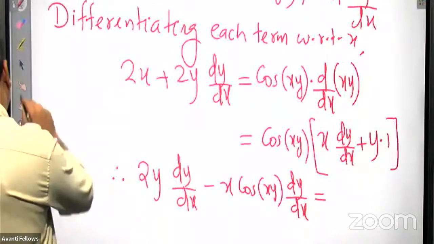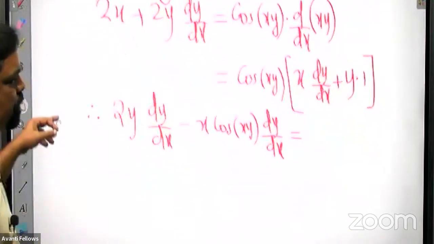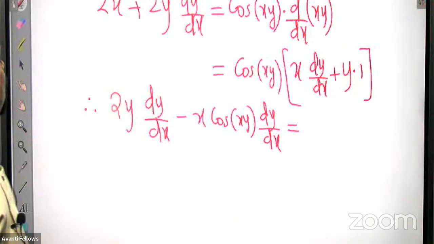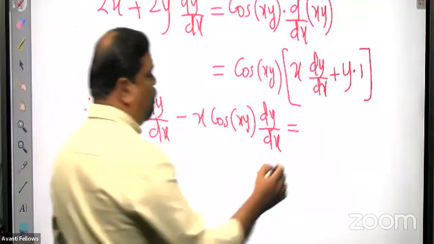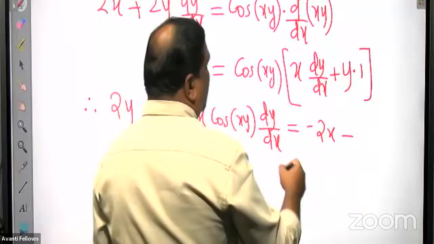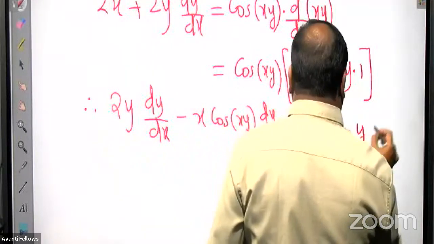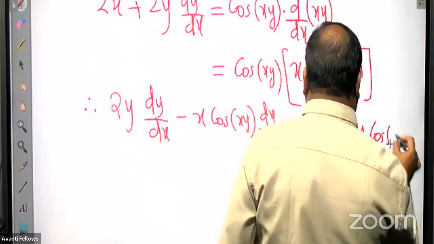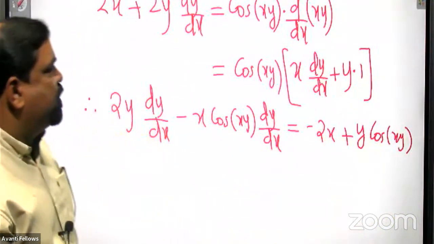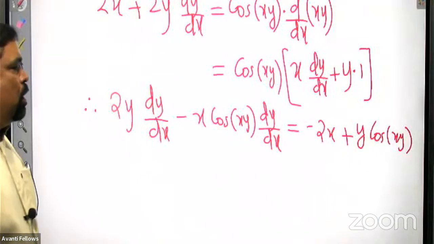The remaining terms shift to the other side: 2x becomes minus 2x, and we also have y cos of xy.